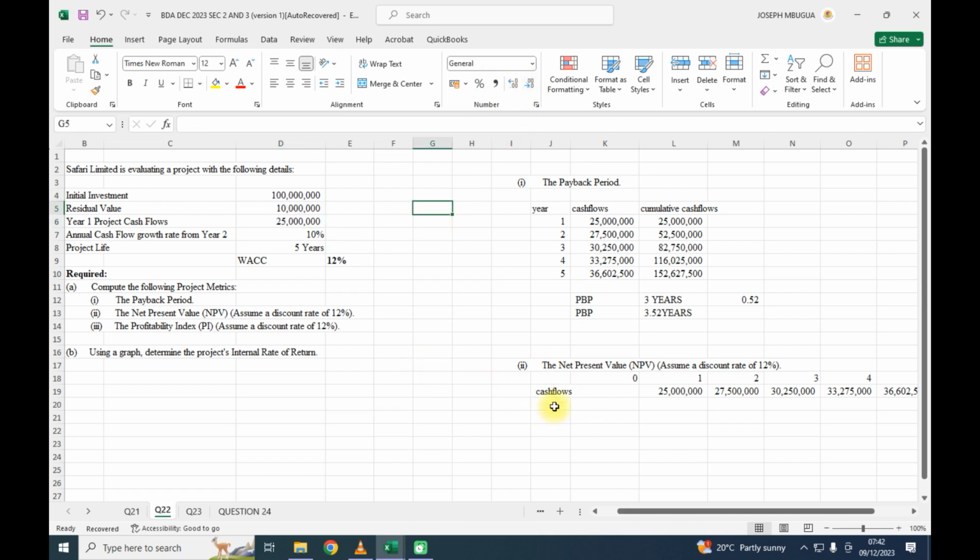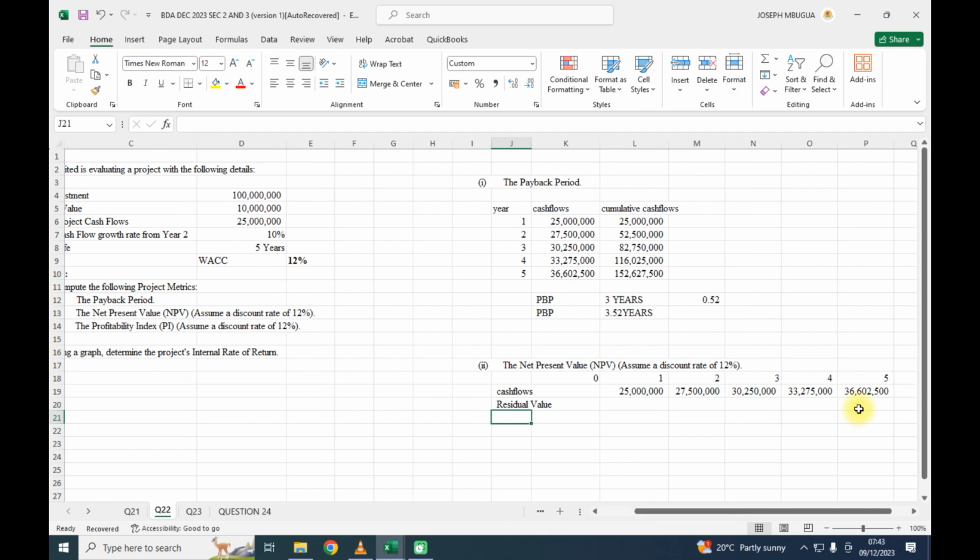And here you will find that we don't have tax, so we shall not calculate depreciation. I'll just include my residue value, and my residue will come to the last year. Residue is what you shall get after the end.